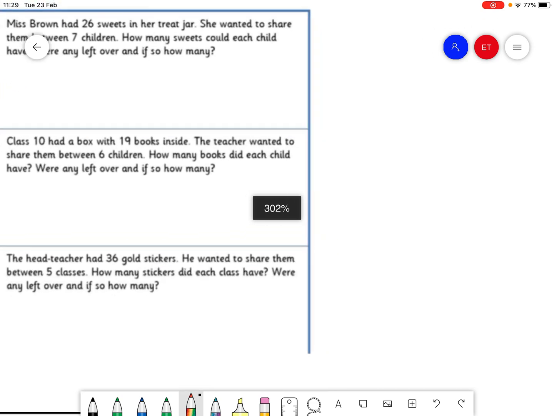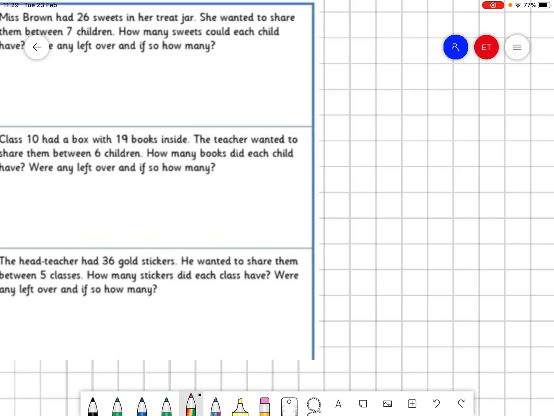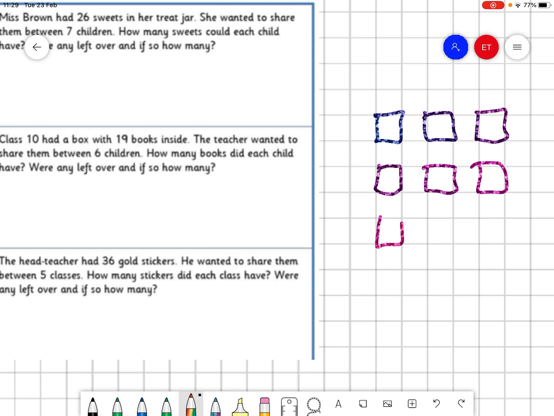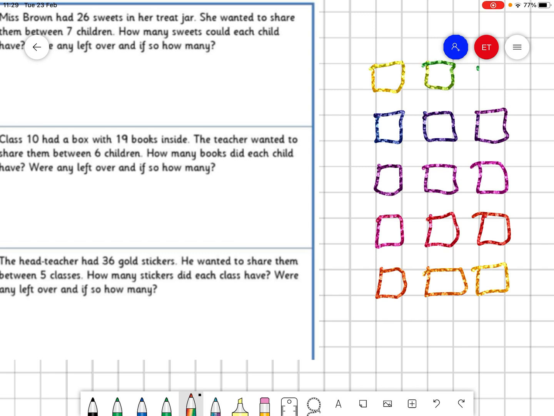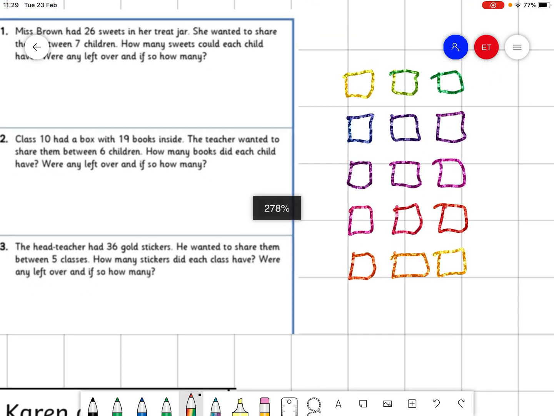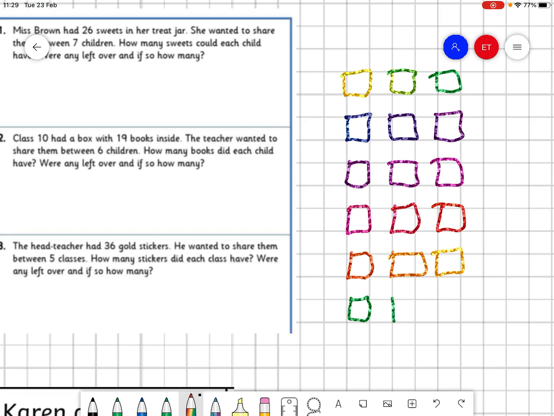So if we were to draw 19 books, 1, 2, 3, 4, 5, 6, 7, 8, 9, 10, 11, 12, 13, 14, 15, 16, 17, 18, 19.